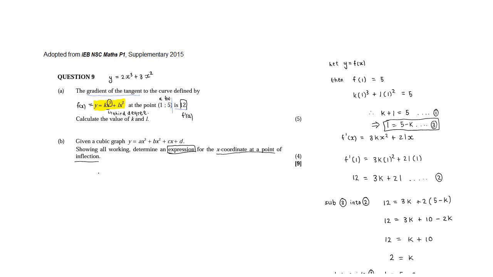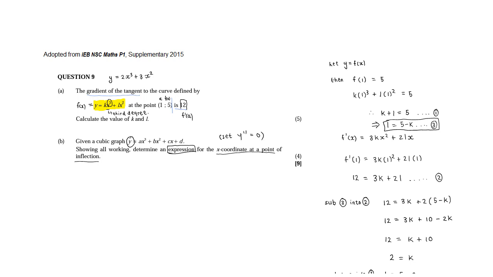I've already told you that in order to locate the x coordinate at the point of inflection, we have to set the second derivative, so y double prime in this case because our equation is given to us as y, equal to 0. So let's do that.